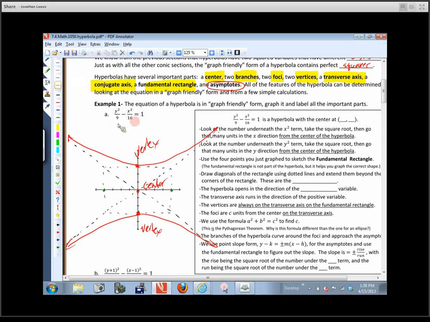We take the two of these, and it's just like Pythagorean's theorem. It's right here. A squared plus B squared equals C squared. So I don't have to worry about which one's bigger and which one's smaller. I take the two of those, I add them together, and I get 25. So take the square root of that. So I'm going to go 5 units inside and 5 units outside. So there's a vertex. So 1, 2, 3, 4, 5. There's a focus. 1, 2, 3, 4, 5. There's a focus. Okay?